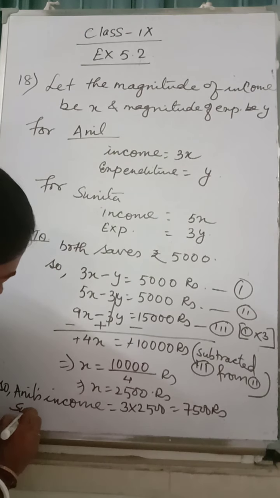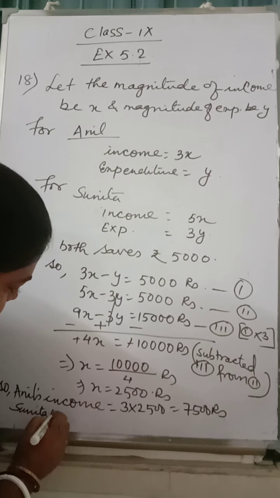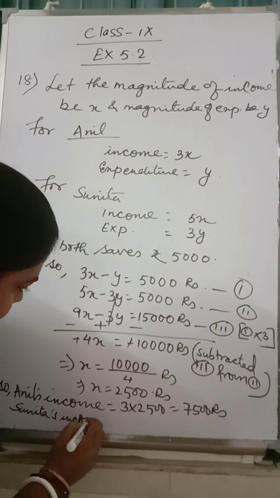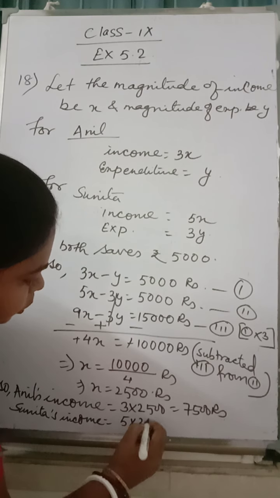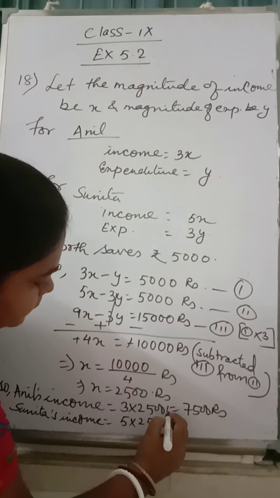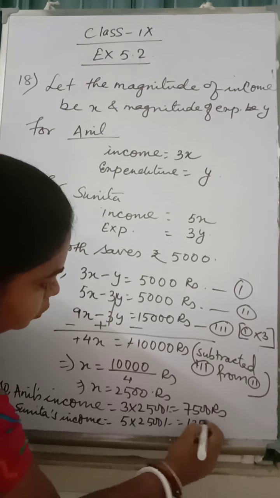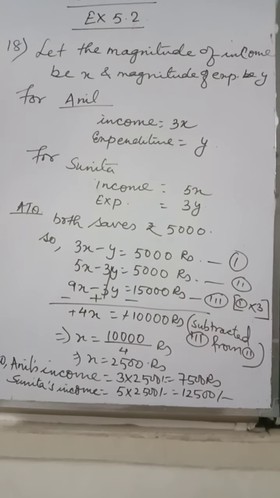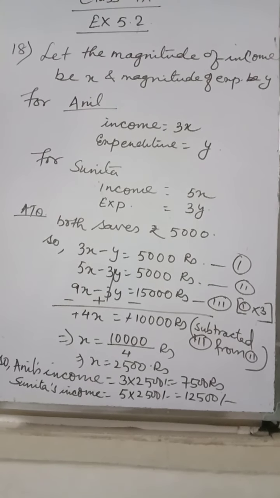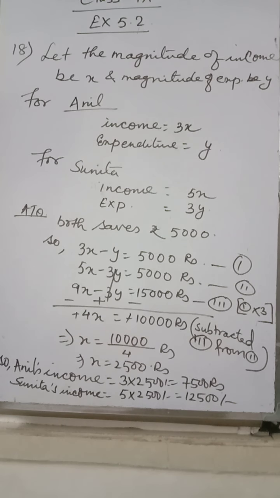And Sunita's income was 5x, so 5 into 2,500 rupees, it gives you 12,500 rupees. So we have got the incomes of Anil and Sunita. At the bottom I have written their incomes. You can see Anil is earning 7,500 while Sunita is earning 12,500 rupees. So this is question number 18.